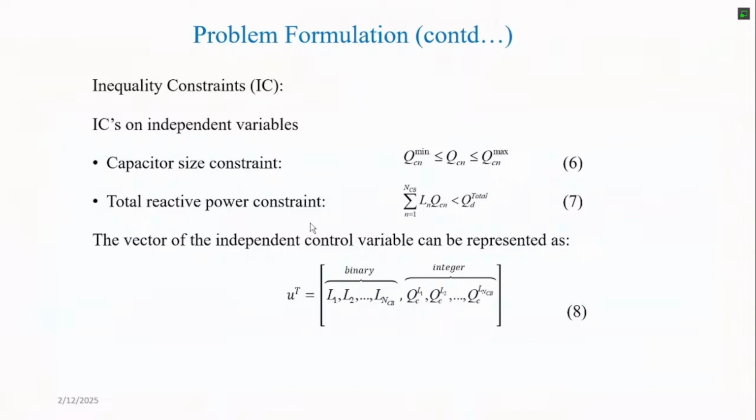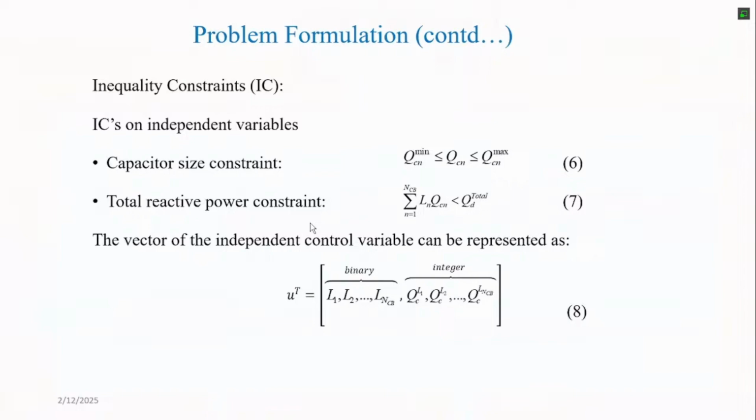Now in independent variables, if we have a 34 bus system and we assume we can't install a capacitor on certain buses due to other reasons, then we identify on which nodes we are supposed to plant. Where we are supposed to plant, we formulate this problem as a binary plus integer problem.